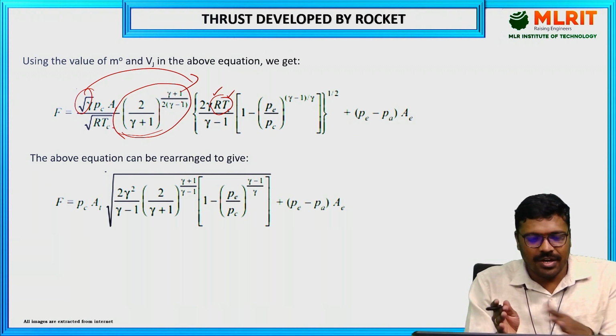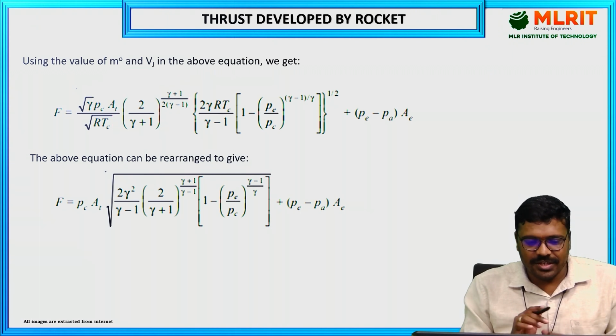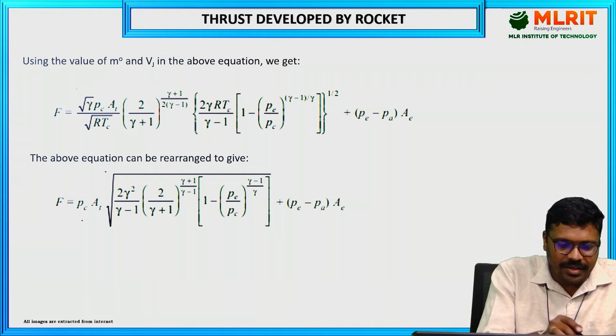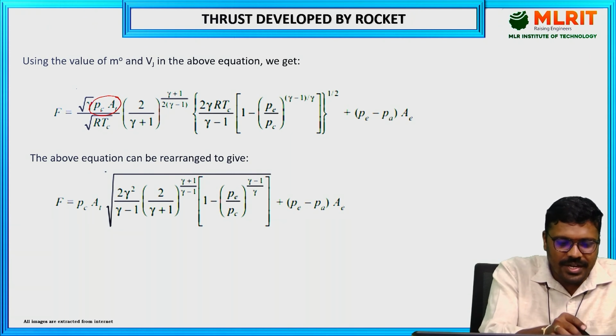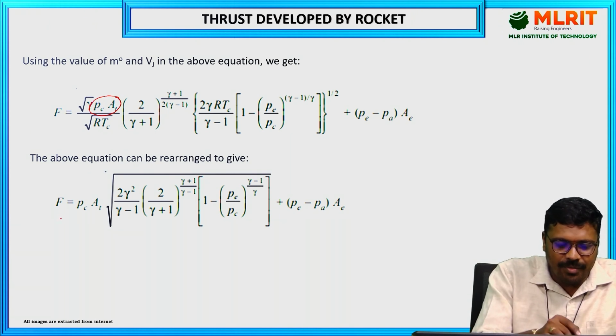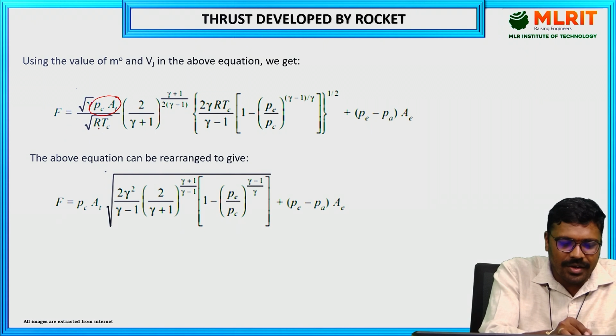So we can rearrange these terms. After rearranging, we can bring this PcAt out. PcAt will be outside, and under root gamma, under root RTC, these two terms we will send inside.